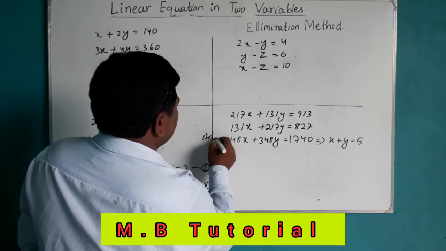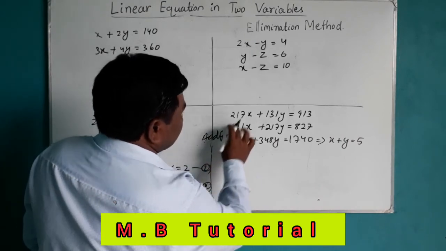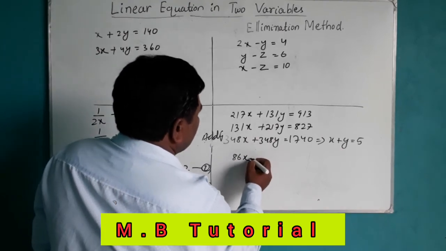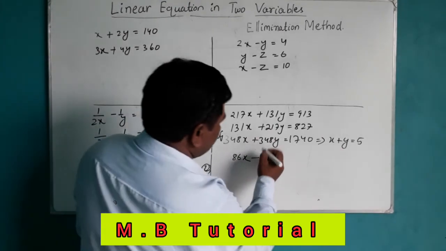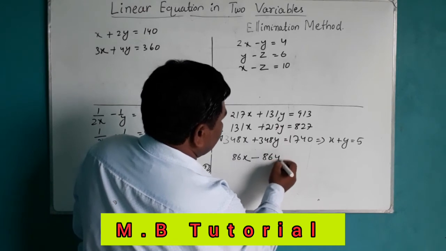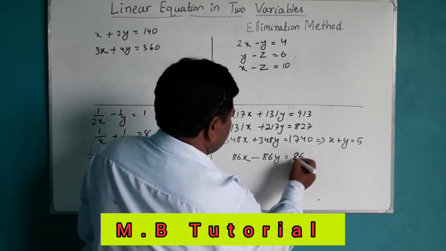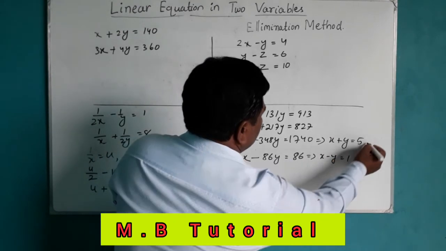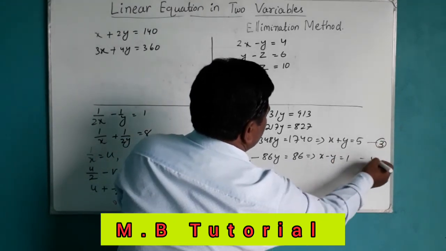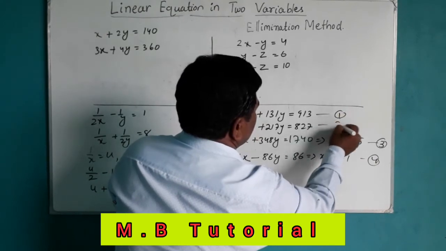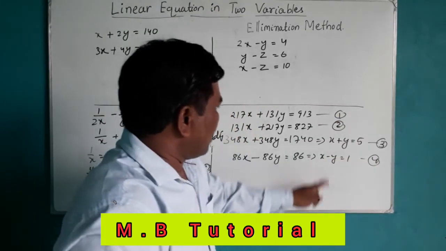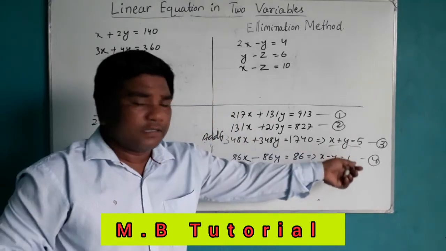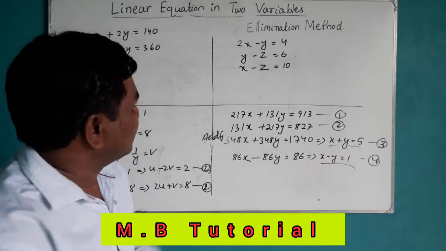Similarly, subtracting these two equations, we get 86x minus 86y equal to 86, and solving it, x minus y is equal to 1. So equation 3 and equation 4 are these, and this is equation 1 and 2. Now you can solve these two equations and easily find the values of x and y.